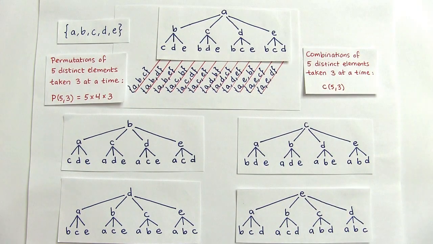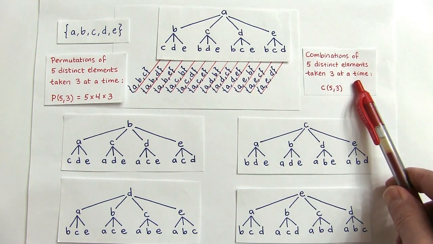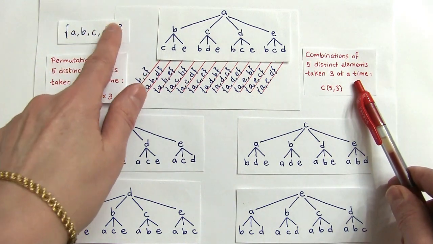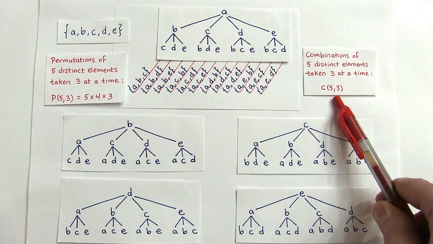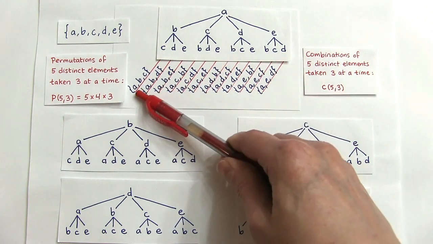Really, the quantity we seek is the number of combinations of the 5 distinct elements taken 3 at a time, irrespective of the order in which the elements are written.